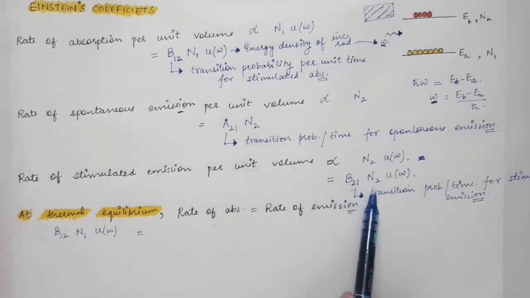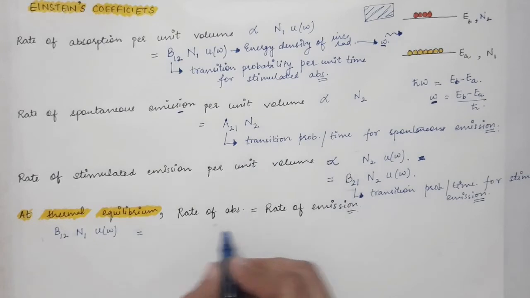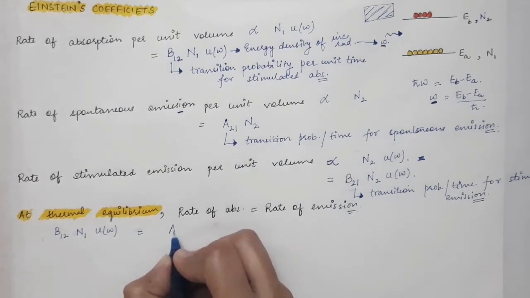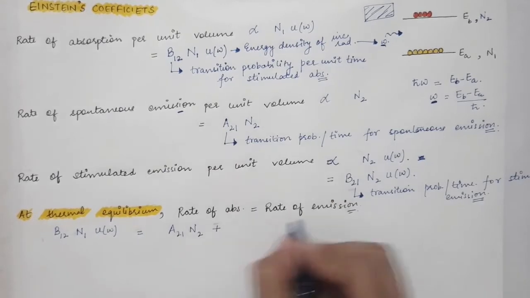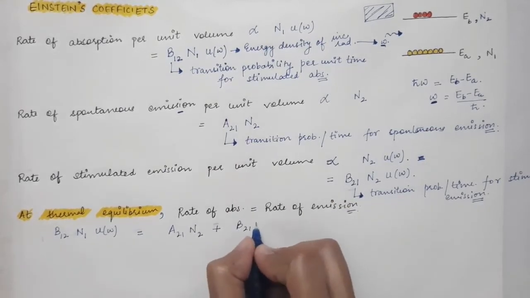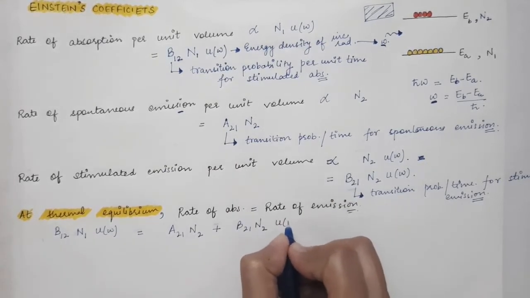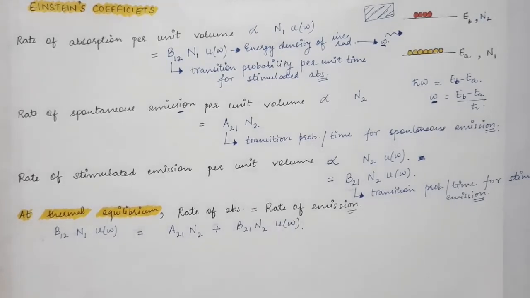So it will be the summation of these two factors. The rate of emission will be equal to A21 N2 plus B21 N2 U of omega. In this we have used the equation for the case of thermal equilibrium, and all the equations that we are deriving are for the case of thermal equilibrium.